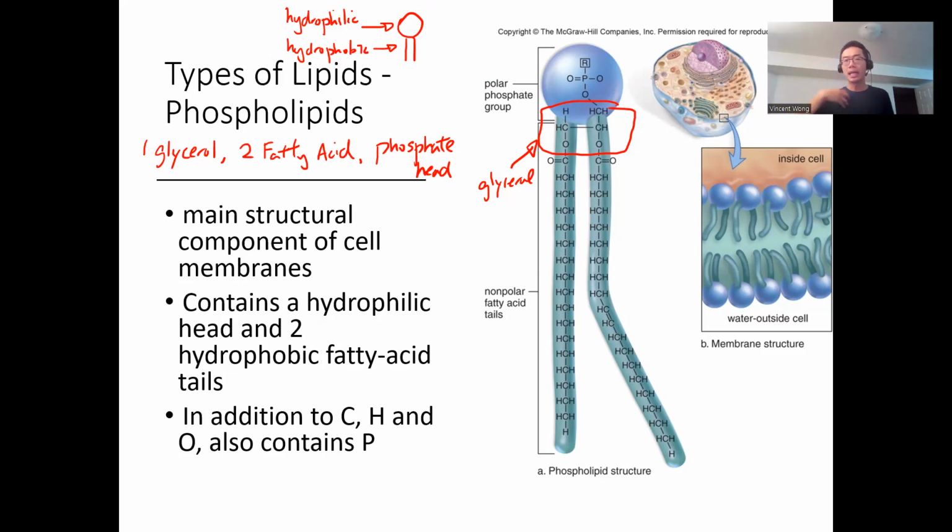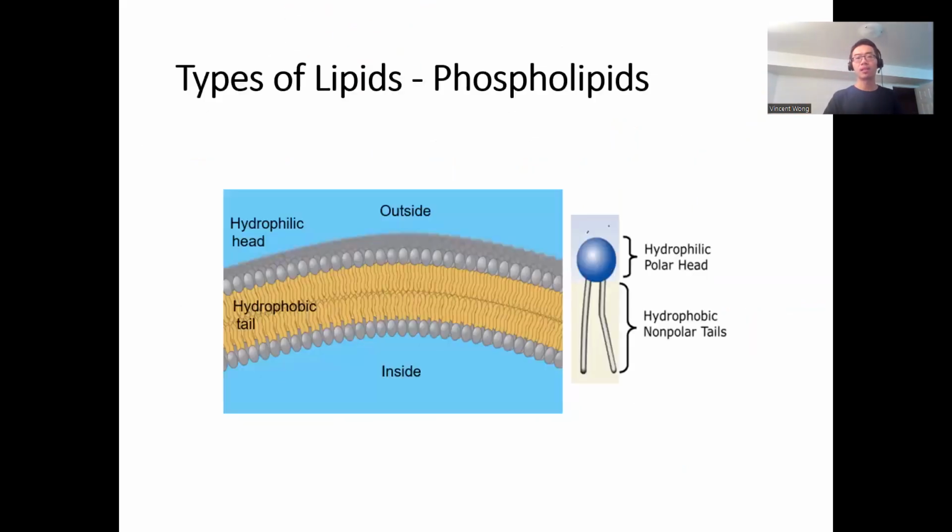In the body, we need phospholipids to form the cell membrane. If this is a cell, the membrane is what surrounds the cell. If you take a look at the membrane, it would be like this. This is outside of the cell, this is inside of the cell.